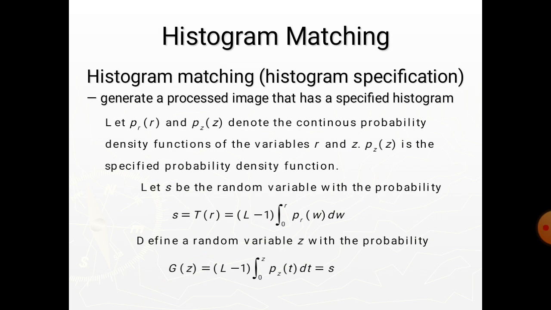Let s be a random variable with the property s = T(r) = the integral from 0 to r of p_r(w) dw, where w is a dummy variable of integration. We recognize this expression as the continuous version of histogram equalization, which is given in equation 4. Suppose next that we define a random variable z with the property G(z) = the integral from 0 to z of p_z(t) dt = s, where t is a dummy variable of integration.